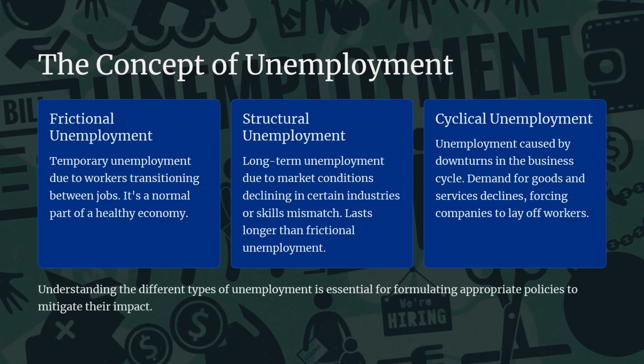Structural unemployment is long-term unemployment due to market conditions, declining industries or skills mismatch, and lasts longer than frictional unemployment. And cyclical unemployment is unemployment caused by downturns in the business cycle, when demand for goods and services declines, forcing companies to lay off workers.